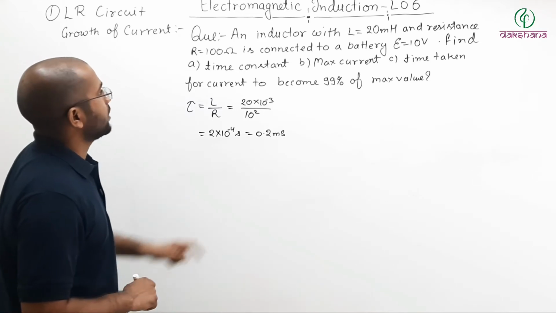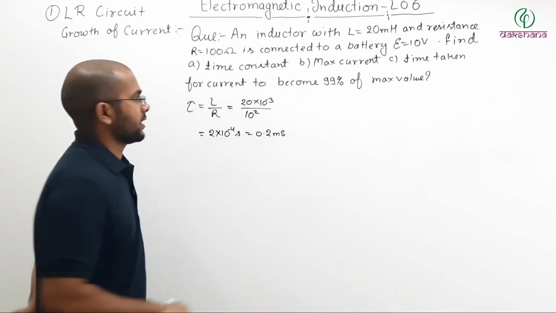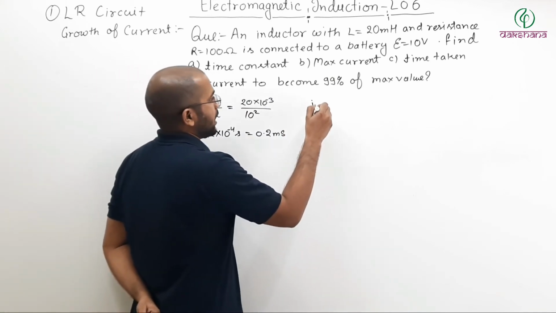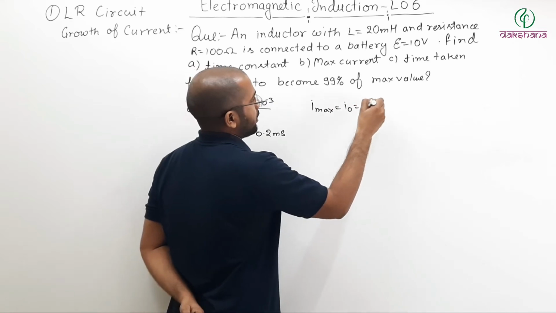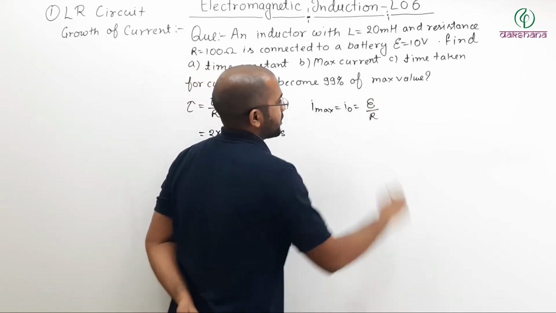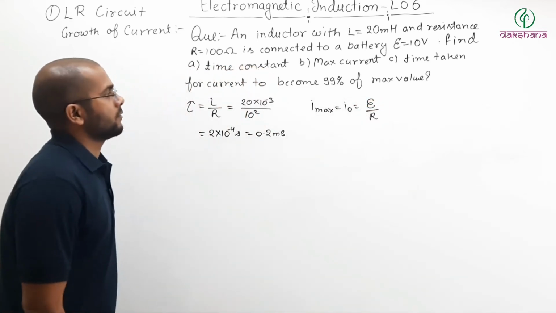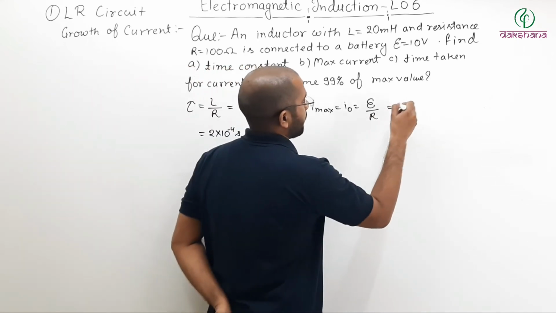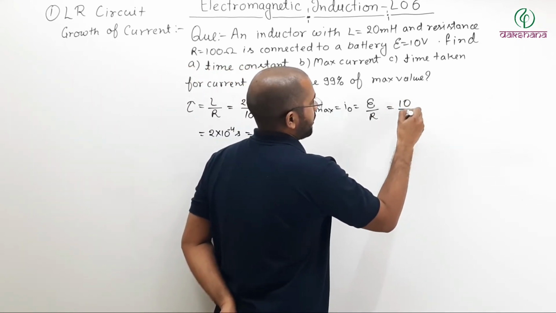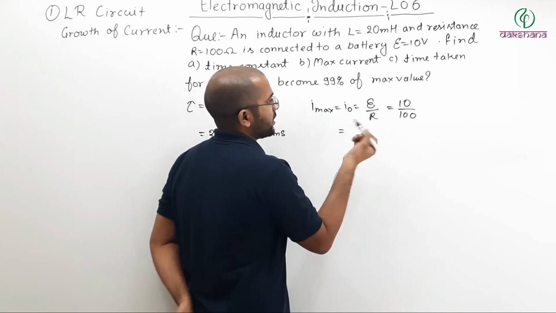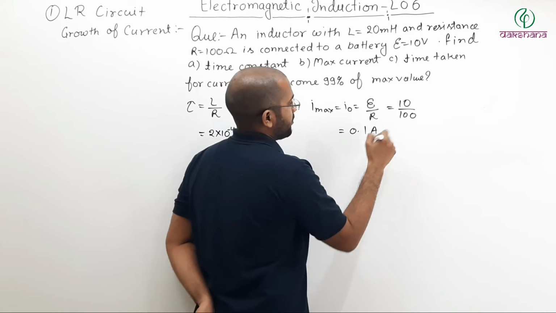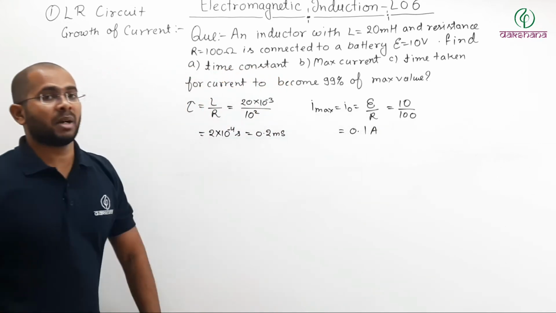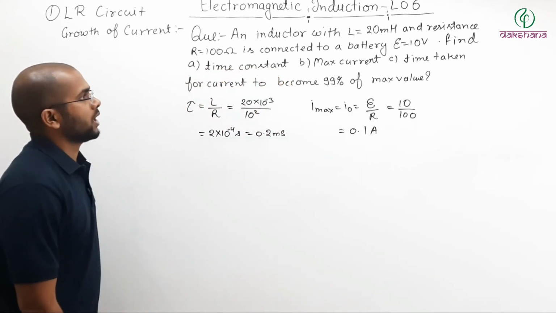Now what is second? Second is maximum current. If you remember, I max equals I naught, which is equal to EMF divided by resistance. What is EMF? 10 volt. What is the resistance? 100 ohm. So 10 by 100 is how much? 0.1. So 0.1 ampere is your maximum current. Now the third question.